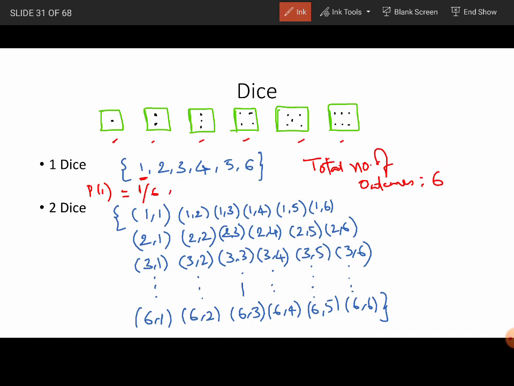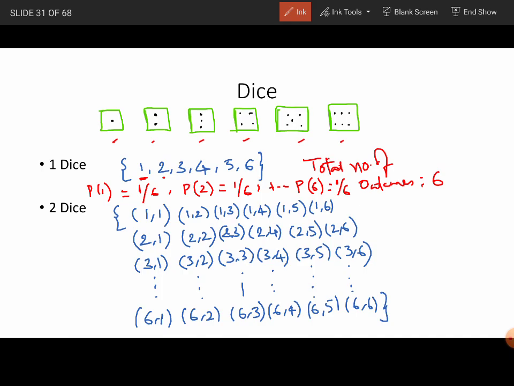So 1 by 6. The probability of occurrence of 2 is again 1 favorable outcome by total number of outcomes 6, and so on. The probability of occurrence of 6 is again 1 favorable outcome by total number of outcomes 6.